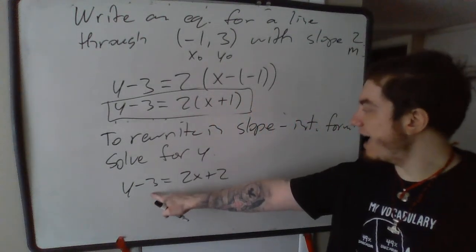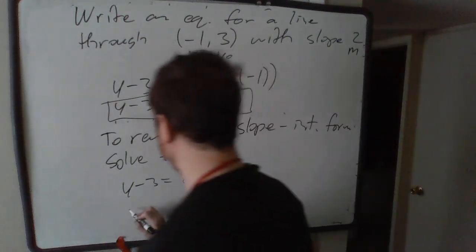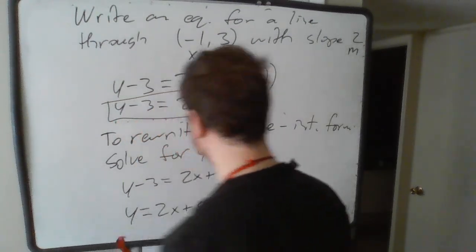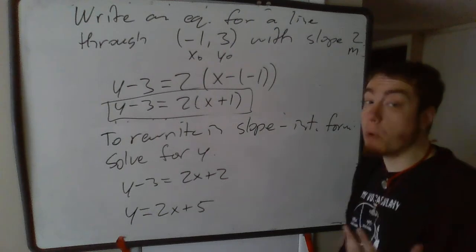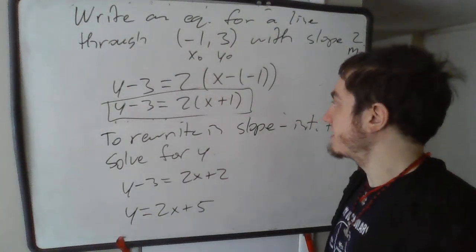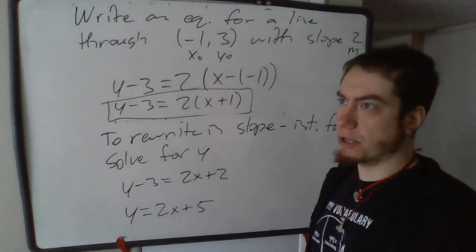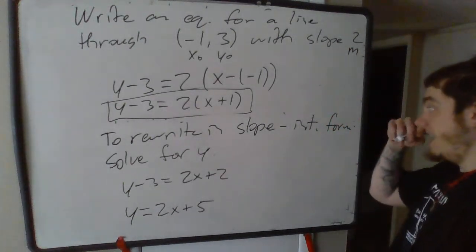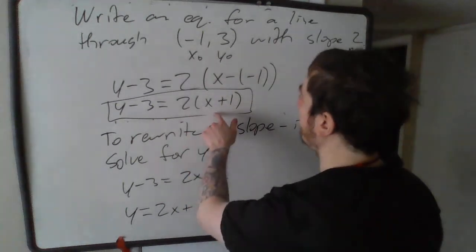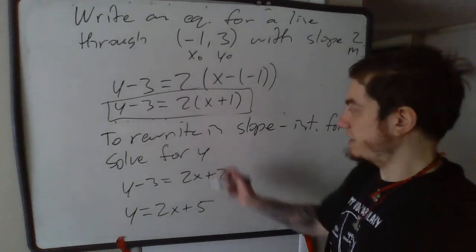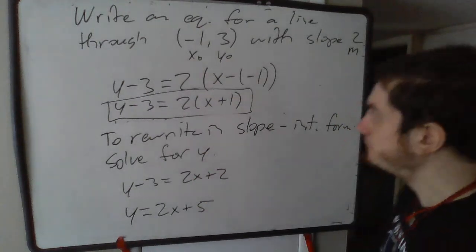And if I add 3 to both sides, this is going to give me y equals 2x plus 5. So if you wanted to rewrite it in slope-intercept form, you can do that just by solving like this. Now, there's other ways of going about it too. You could, for example, say, hey, let's just find the intercept by plugging in x equals 0 and solving for y, but it's just as easy to do it this way.